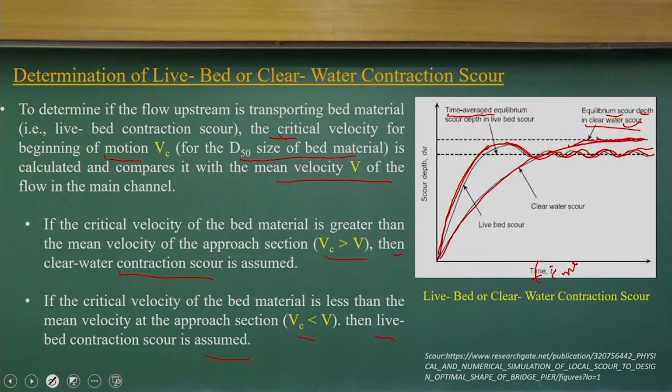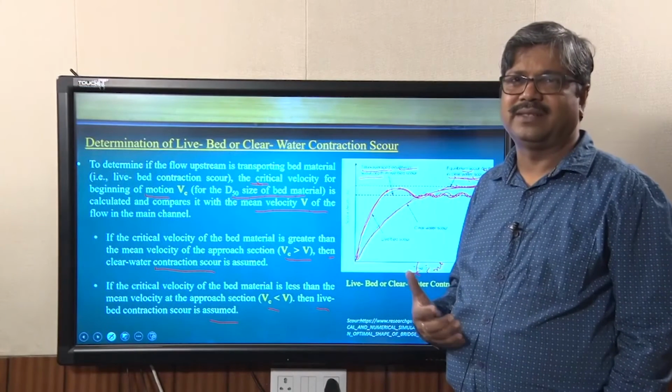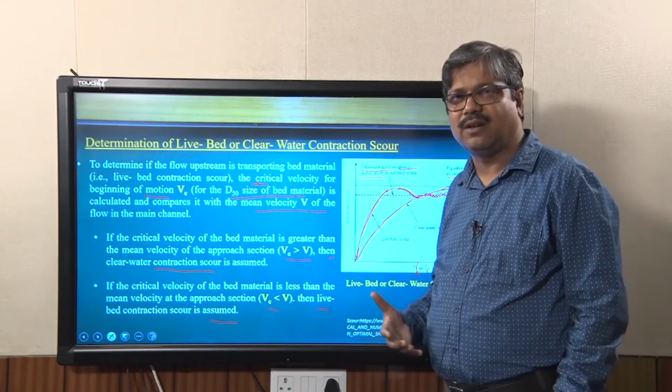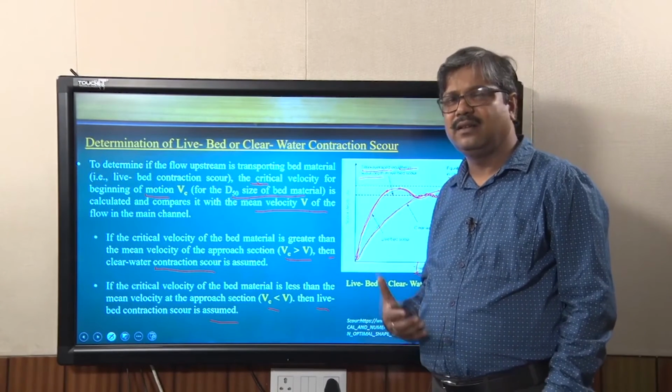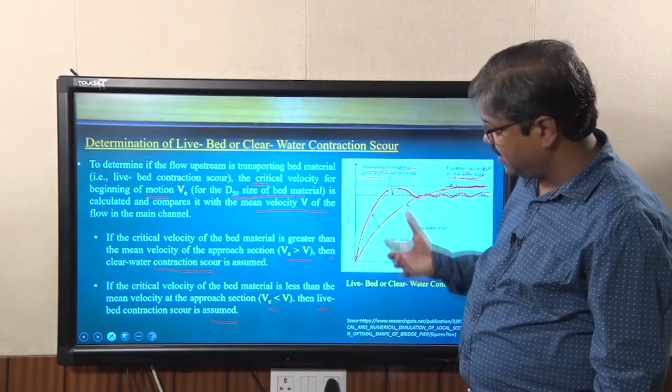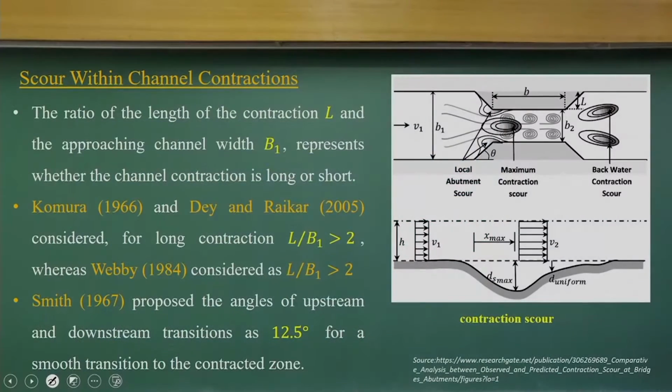That way we take the time-average equilibrium scour depth. As this figure indicates, the clear water scour is larger than the live bed scour, and we define the scour between those.